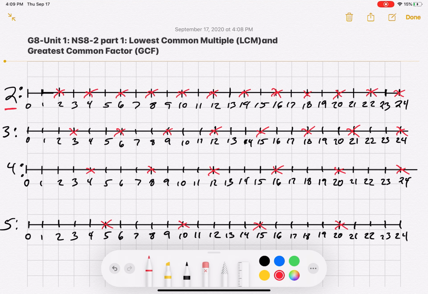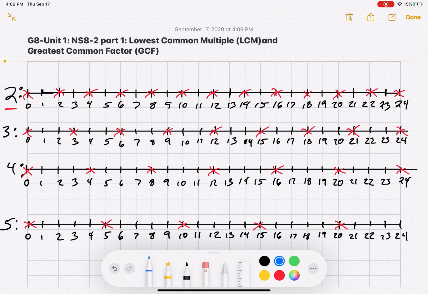Knowing that 0 right here is a multiple of all numbers, I'm going to ignore that. Okay, so I'm just going to find the first 2 common multiples between certain numbers. So I'm going to use blue here, and I'm going to compare 2 and 5.